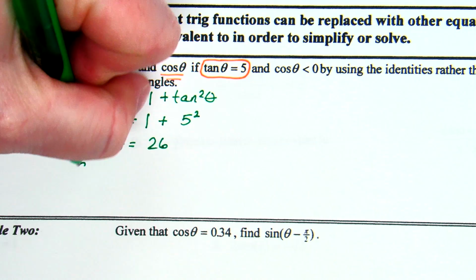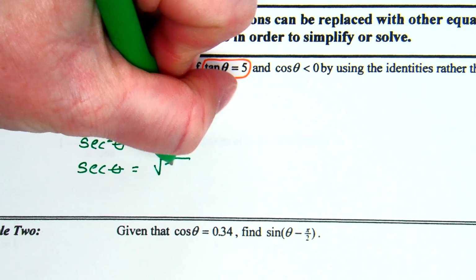Now, what is the square root of secant squared theta? Secant theta. What is the square root of 26? Nope, we're going to take the square root of 26.